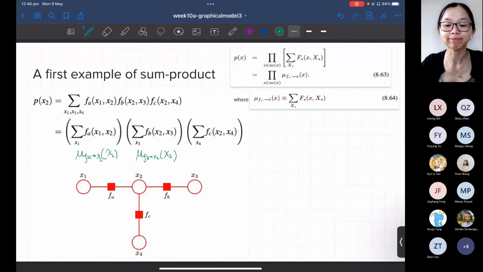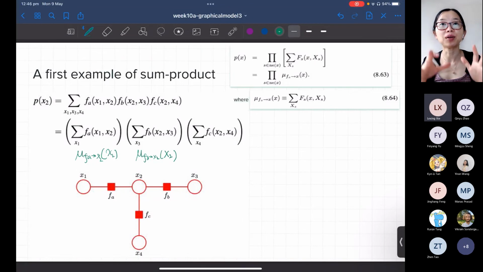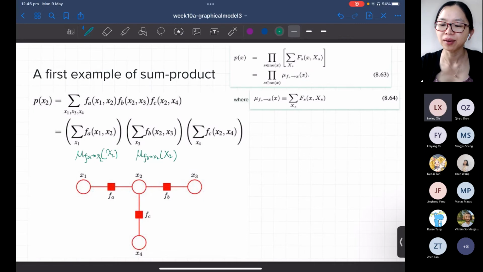The same goes with the last term. So this is a simple instantiation of what the downstream nodes X of s are, and what this big F term is. In this particular case, the big F term is simply one of the factors, and that's simple.